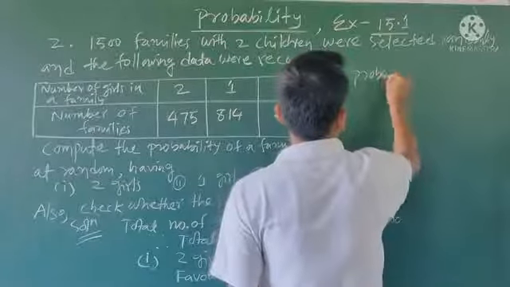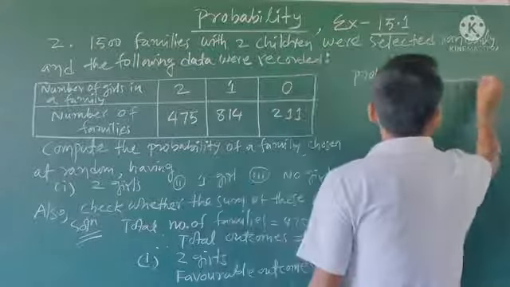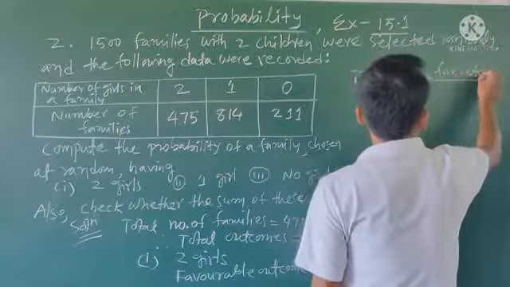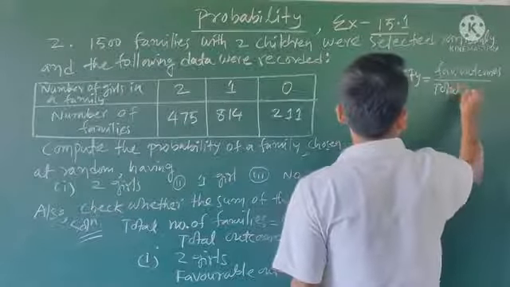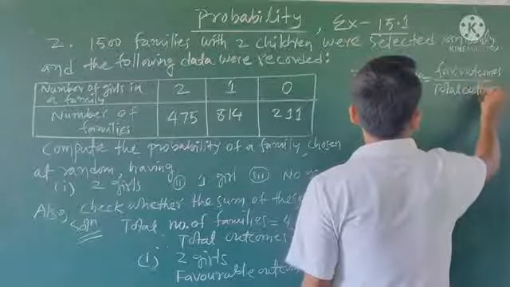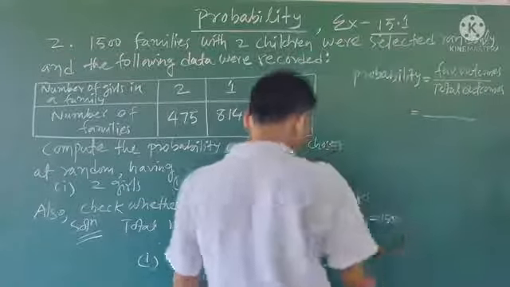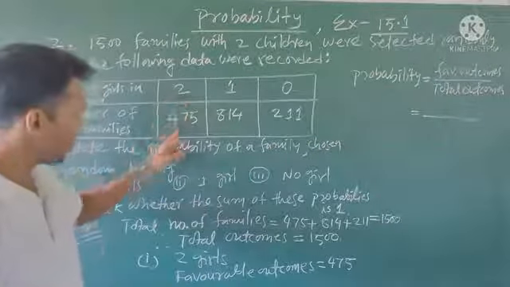Now we'll find the probability. Probability is favorable outcomes divided by total outcomes. Favorable outcomes we have how much? 2 girls. 2 girls in how many families? 475.